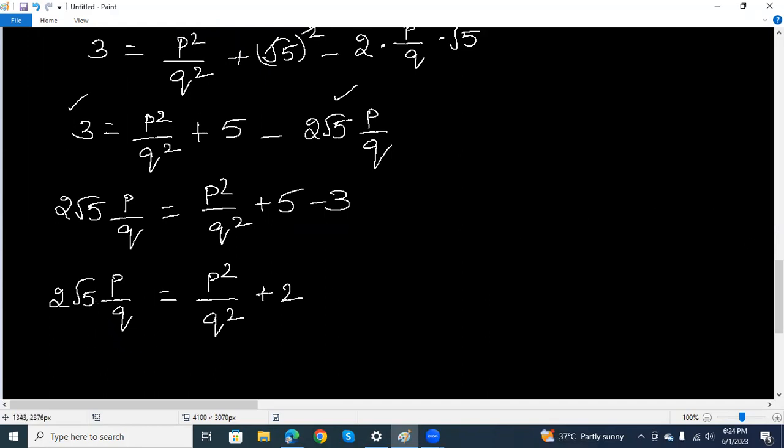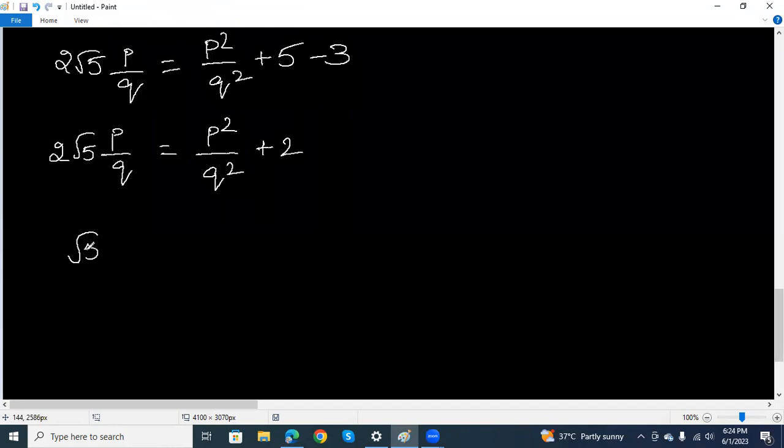Okay, we will isolate only the irrational number root 5. Rest of the things we will bring to this side: P square by Q square plus 2. Here with root 5, the 2 and P by Q is multiplication. So when we bring this to this side, it becomes a division, right? So 2P by Q will become Q by 2P. It becomes a reciprocal.